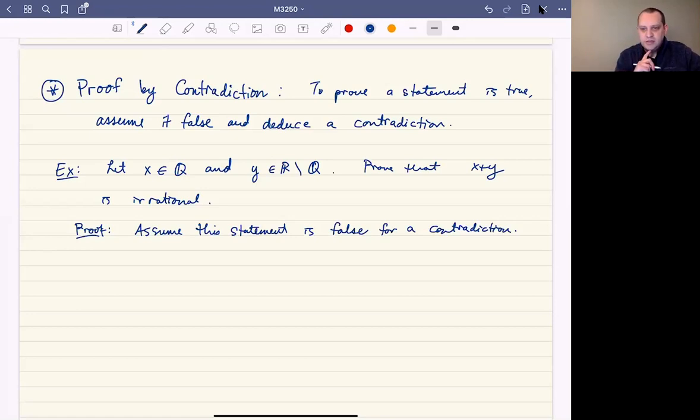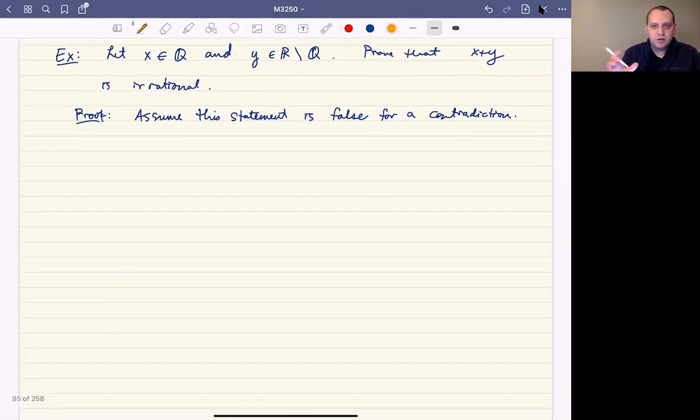Let's think about what this means to be false. We have to put together all of the logic that we know, everything that we've talked about so far. I want to break this proof down by first thinking about it in terms of pure logic. So I want to think of the statement as an implication statement.